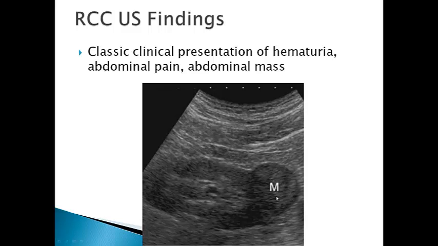This is where it gets confusing, because even though they're hypoechoic, the smaller ones can be hyperechoic, and therefore, if you remember, AMLs are hyperechoic. It can be difficult to differentiate, and AMLs are benign, and renal cell carcinoma obviously is not benign. However, these do tend to be hypoechoic, as this mass is. So that's your classic presentation on ultrasound of a renal cell carcinoma, and I'll go into a little bit more detail on that in a minute.